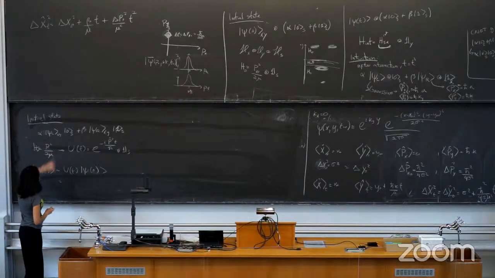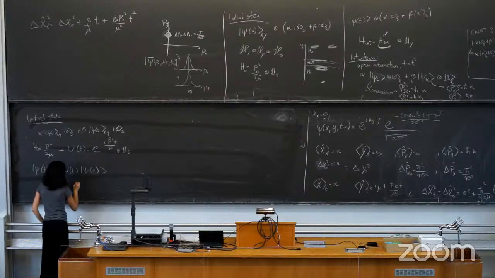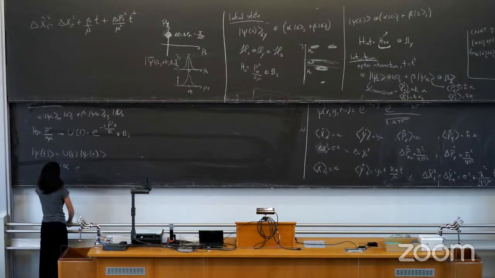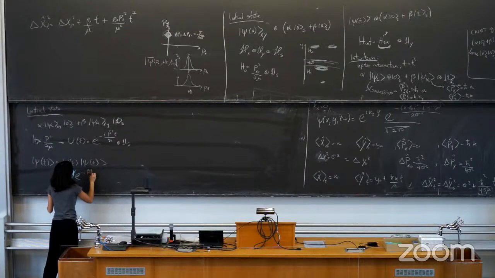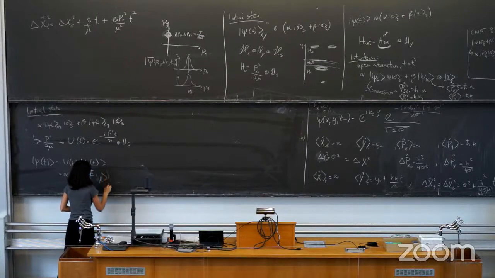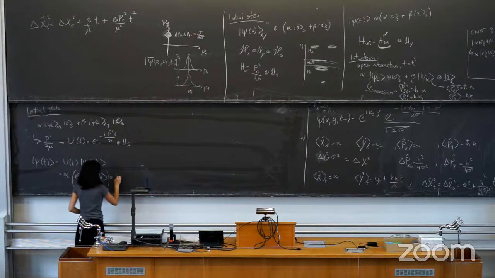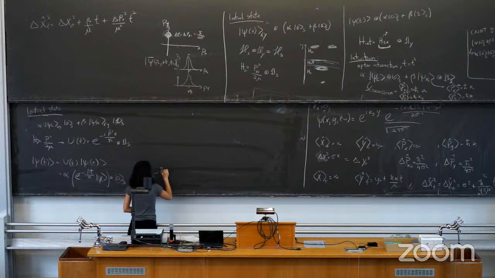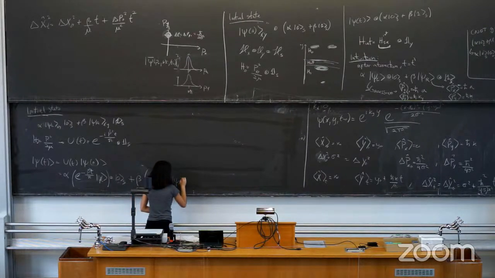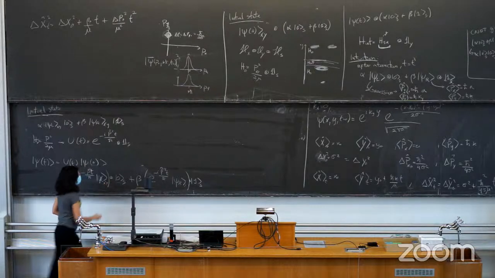Which is what? Well, this is alpha, that exponential, p squared t over 2 mu h bar, acting on psi L, times the identity acting on 0, so nothing happens here, on the spin, plus beta e to the minus p squared t over 2 mu h bar acting on psi R, 1 in the spin, right? xy, xy, xy.